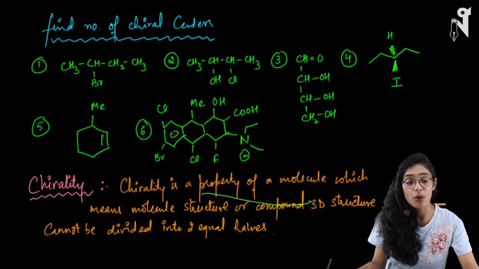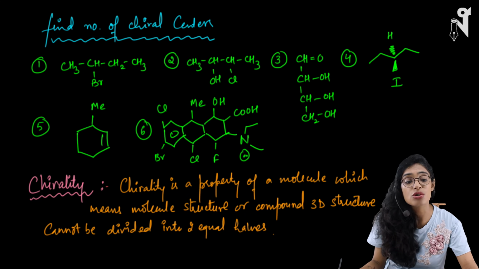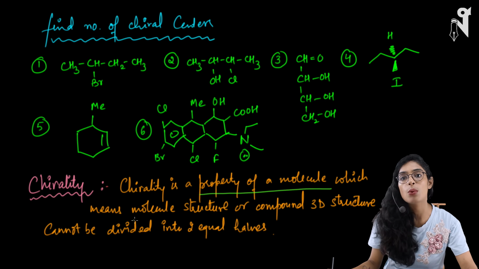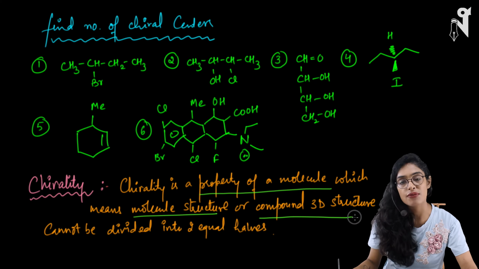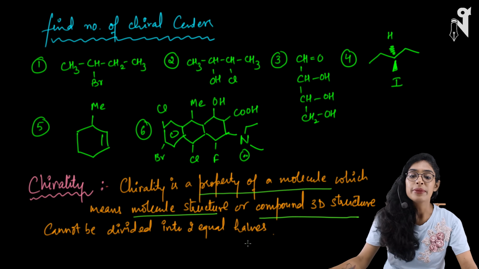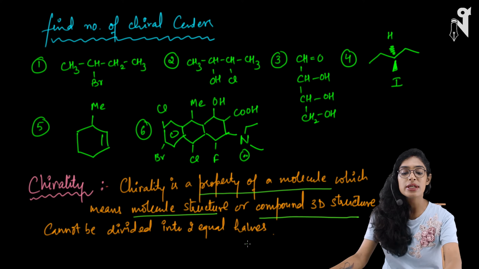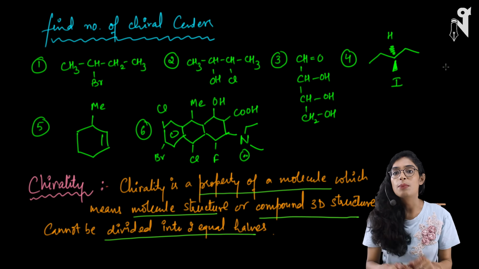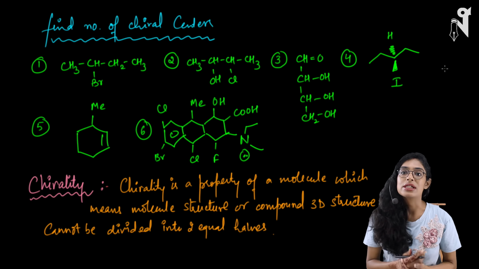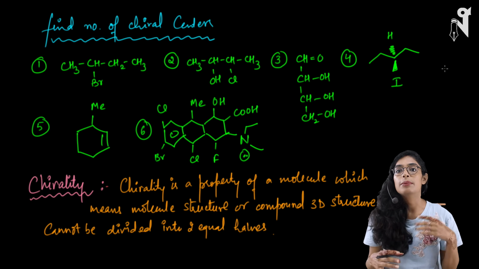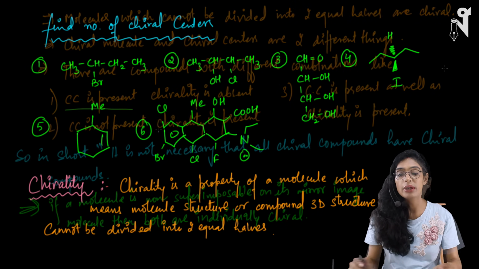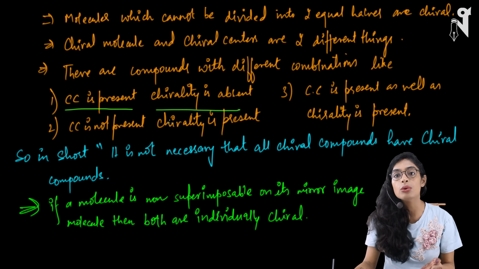Chirality is the property of a molecule, which means the molecular structure or the compound's 3D structure cannot be divided into two equal halves. Now we have to understand how it is related to your optical activity. What is exactly meant by two equal halves, and why do we need it that way? Chirality is a property of a molecule because of which it cannot be divided into equal halves.